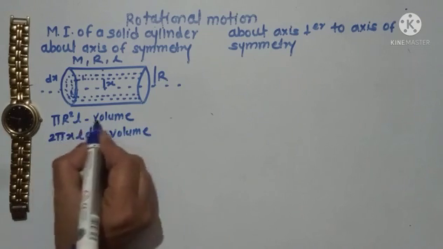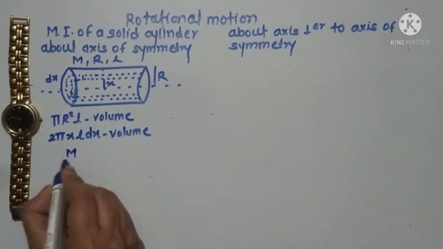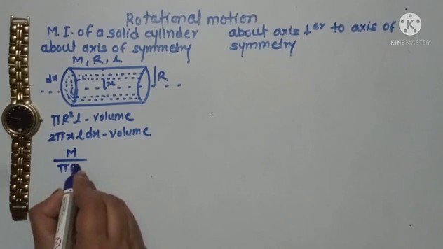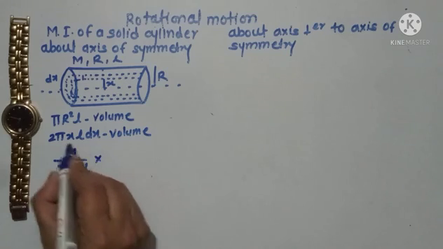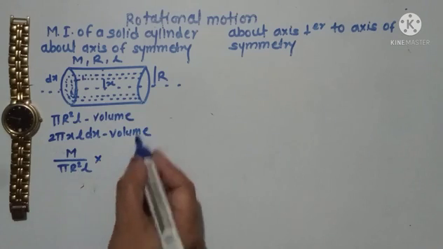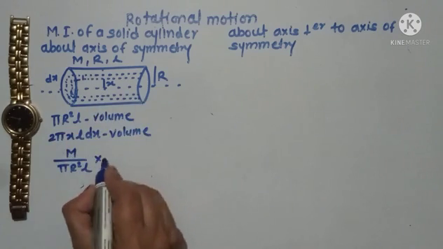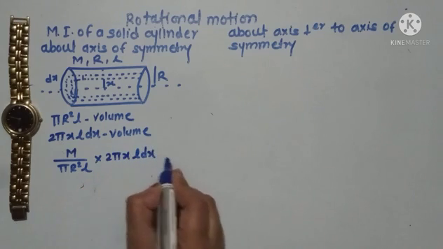Now the mass per unit volume of this total cylinder will be m upon pi r square l, and this mass per unit volume multiplied by the volume of the coaxial cylinder will give us the mass of the coaxial cylinder. So let me multiply it by 2 pi x l dx.